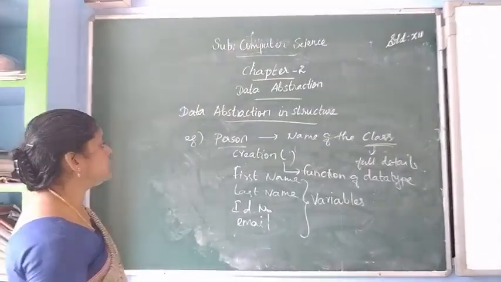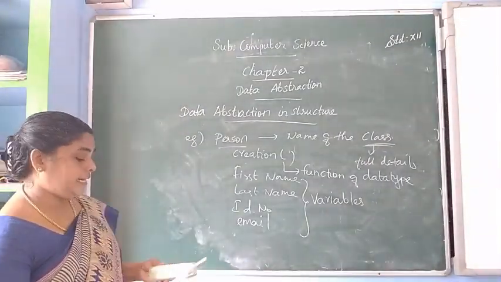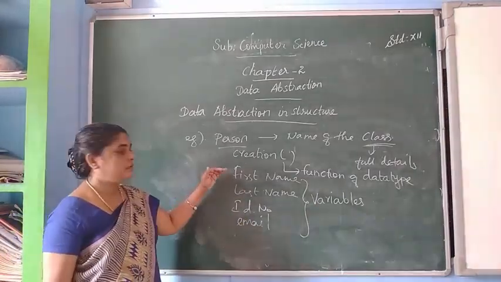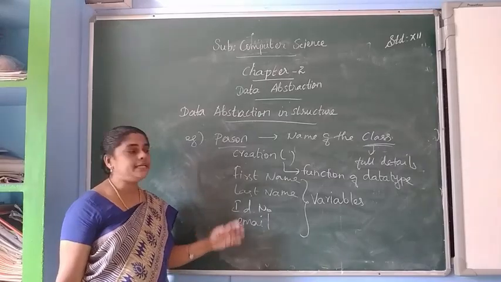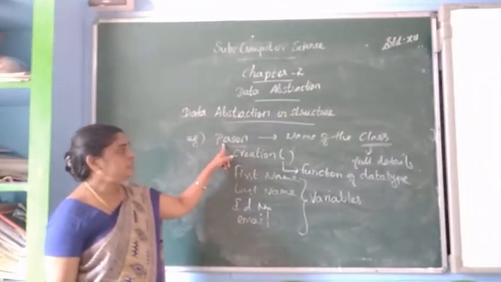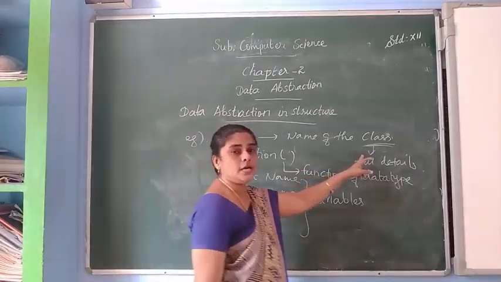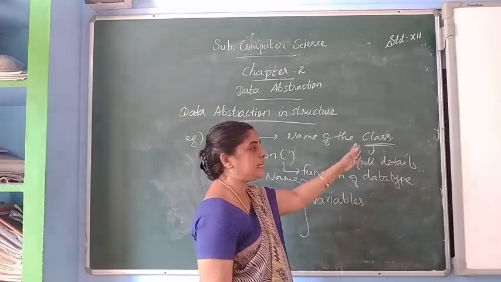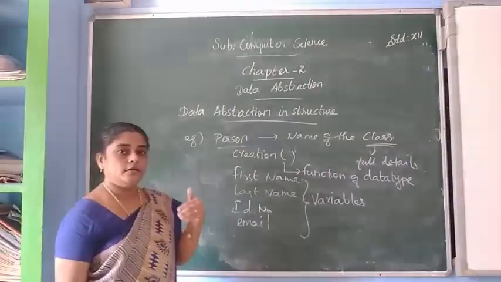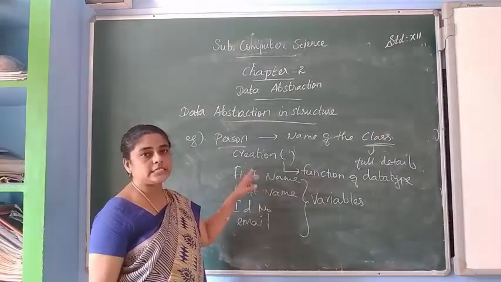This is the structure used in data abstraction. How? Person, creation, then however many variables we need, all the variables must be given here. So, person means name of the class. There, class is a program. Each and every program is a class. So, a class program must consist of full details, many details we need. So that is class. Then next one, creation.